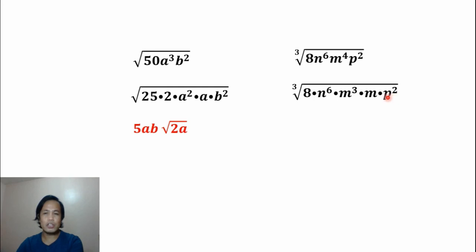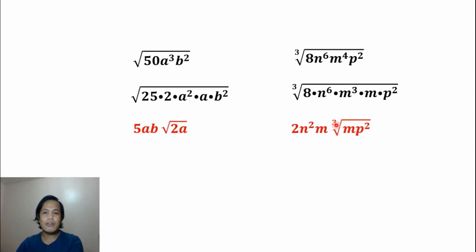Then extract the cube root. The cube root of 8 is 2. The cube root of n raised to 6 is n squared: we copy the variable n, then we divide 6 by 3, which is 2. This time we have m cubed, so we copy the variable m, then 3 divided by 3 is 1, so it has an assumed exponent of 1.